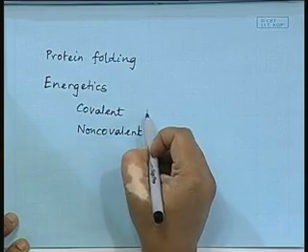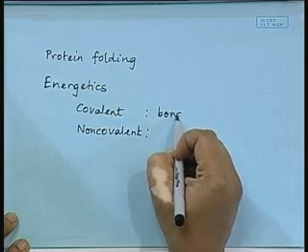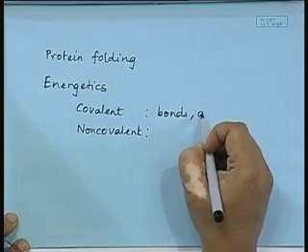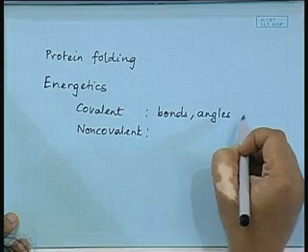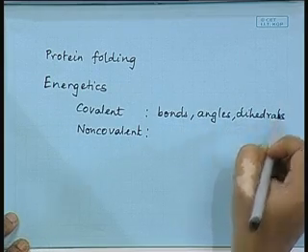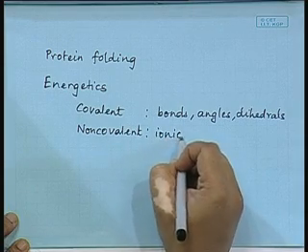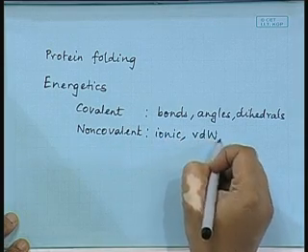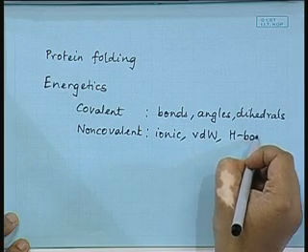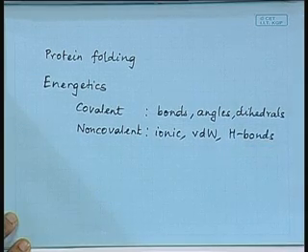The covalent contributions come from bonds, anything that's connected: bonds, angles, dihedrals. Non-covalent: ionic, van der Waals, hydrogen bonds. Those are going to contribute to the energetics of protein folding.